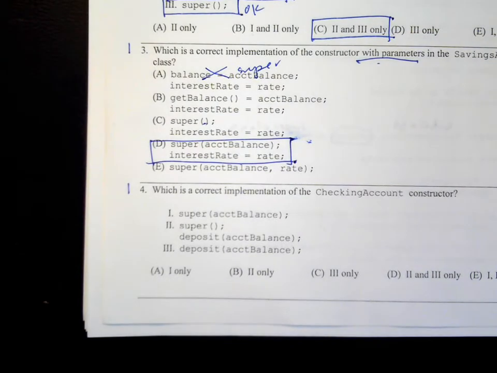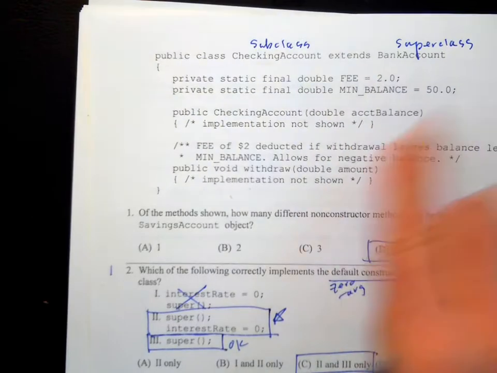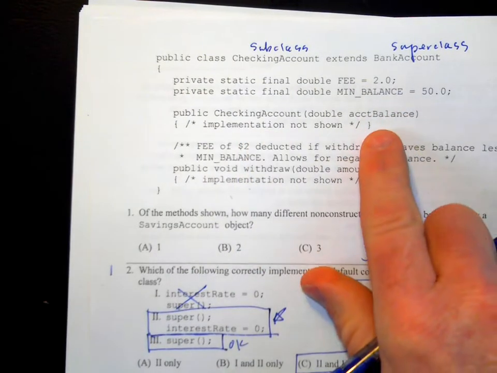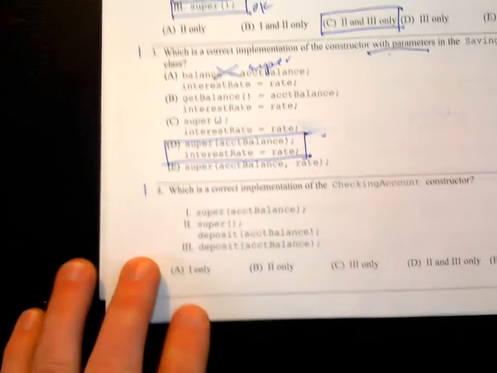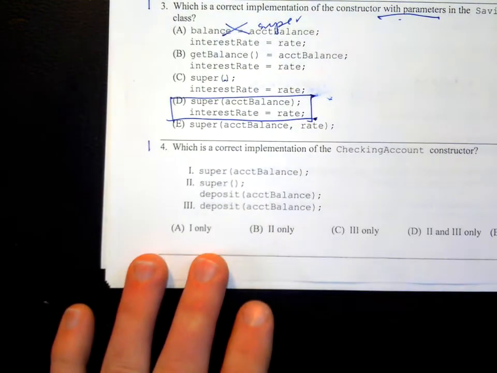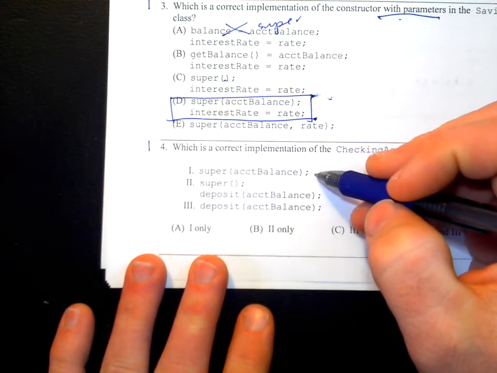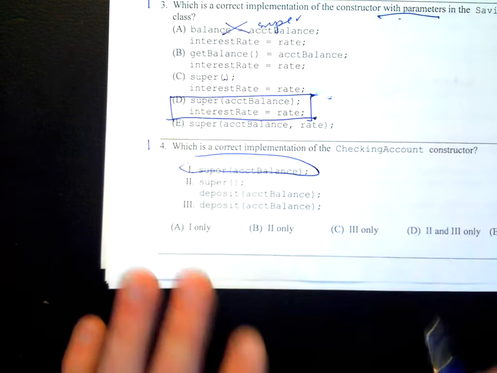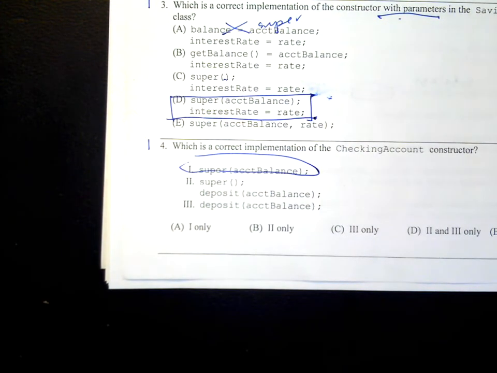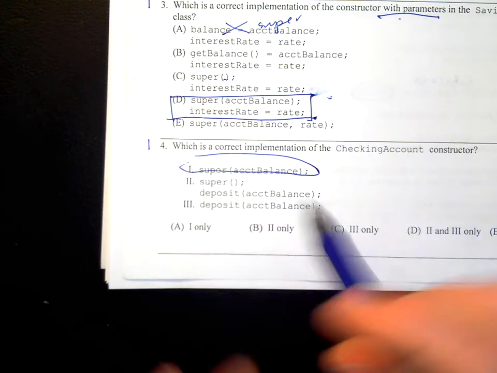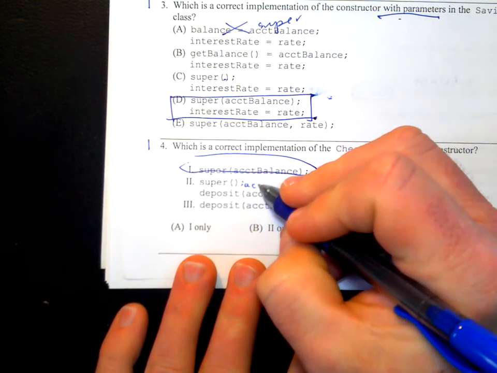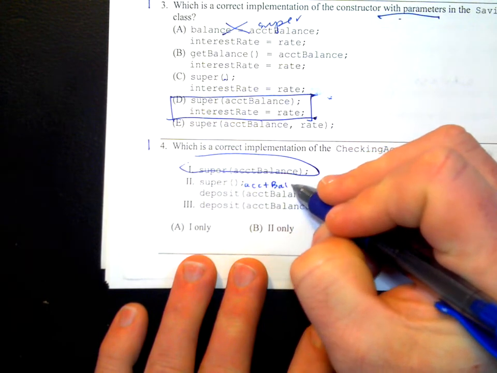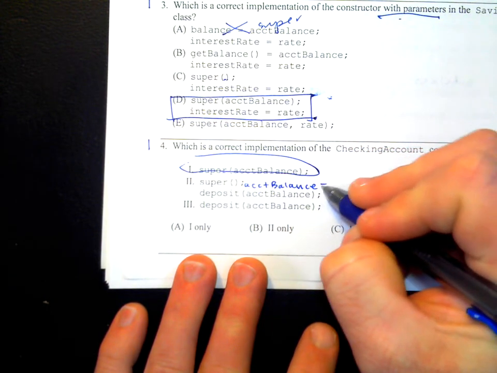So the checking account constructor is right up here. It doesn't have a zero-arg. It takes the account balance. You need to do super with account balance. If you do super without anything, then that just sets the account balance to 0, right?